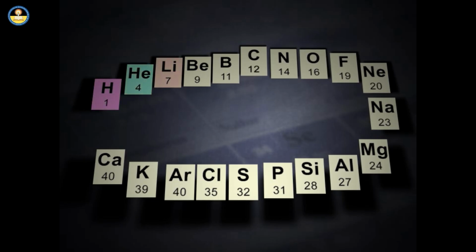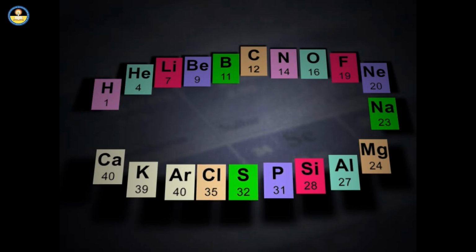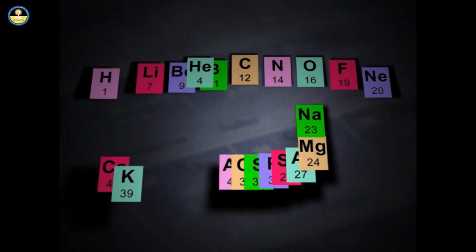While arranging the elements in groups and periods, he laid more stress on similar properties and made certain adjustments in their atomic masses. The element argon with atomic mass 39.9 was placed before potassium having atomic mass 39.1.